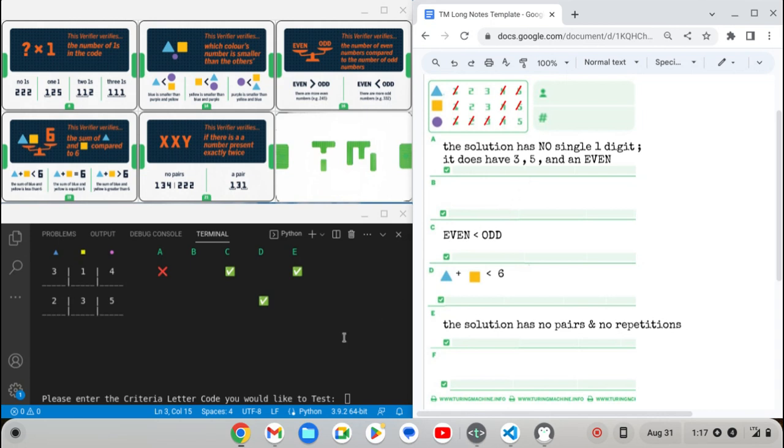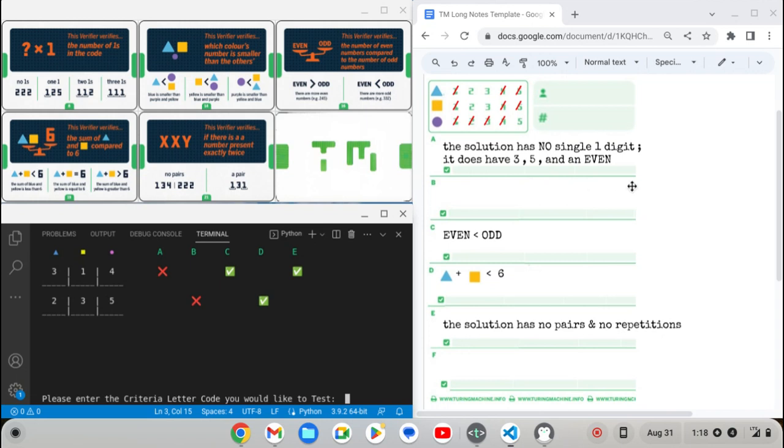And so let's go ahead and test criteria card B. And okay, so we got that wrong. And if you notice in the proposal, I chose triangle 2, and that's the smallest among triangle, square, and circle. So that would mean that square has to be the smallest. So we're basically deducing that.